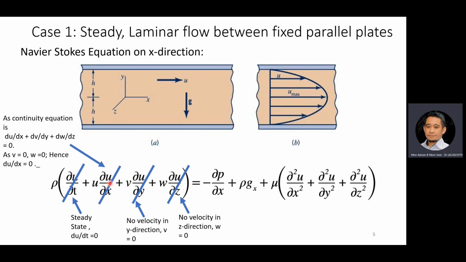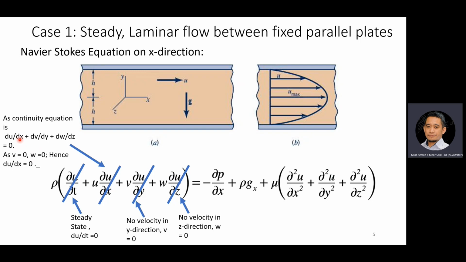This is due to the continuity equation, which we just reviewed. du per dx plus dv per dy plus dw over dz equals 0. As v equals 0 and w equals 0, dv per dy is 0 and dw per dz is 0.